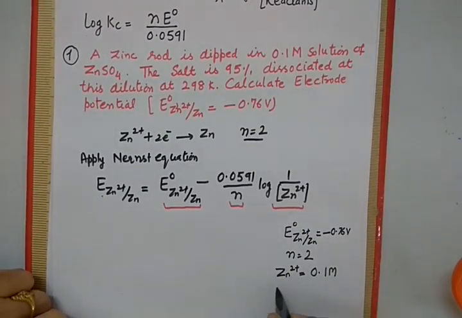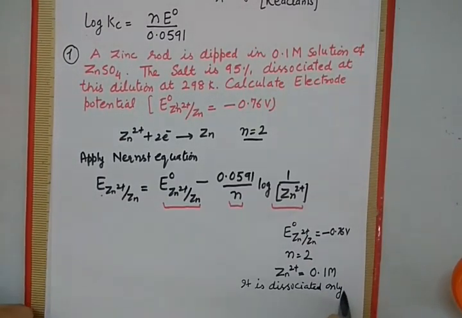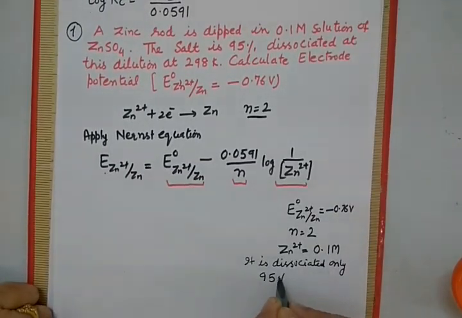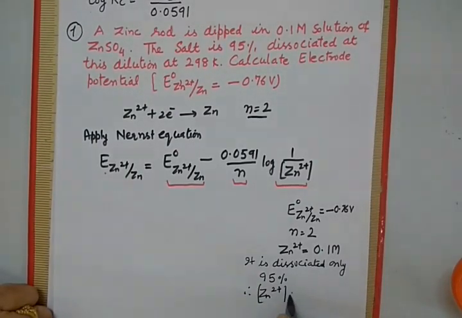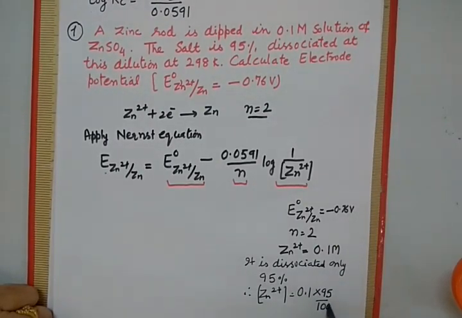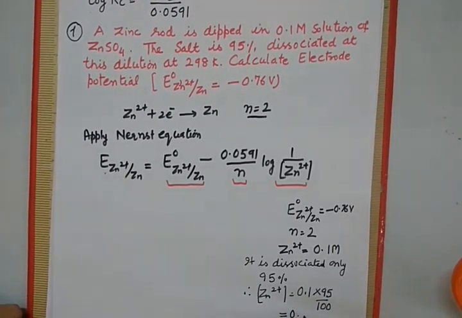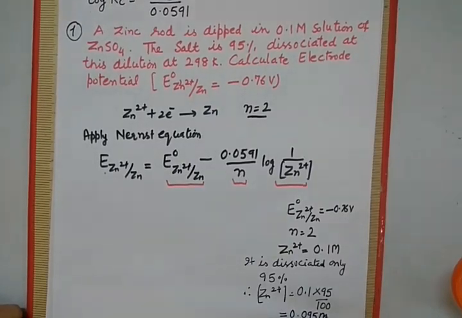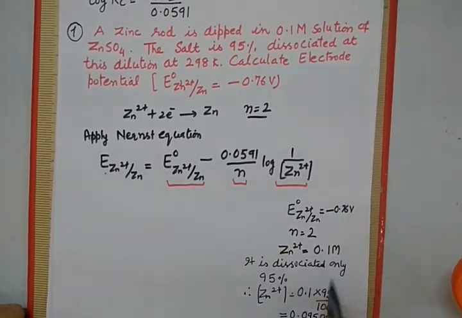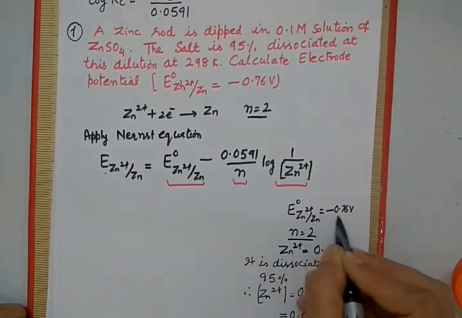So as it is dissociated only how much? 95%. Therefore the concentration of Zn2+ ion will be 0.1 into 95 over 100. That will come out to be 0.095 m. So this is the third factor that we wanted to know. n equal to 2.